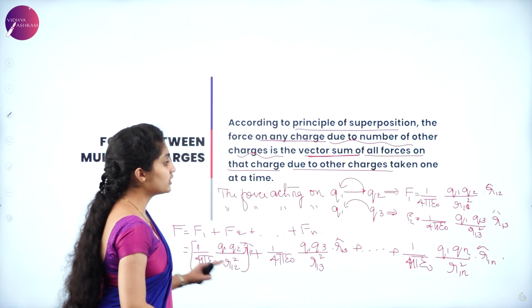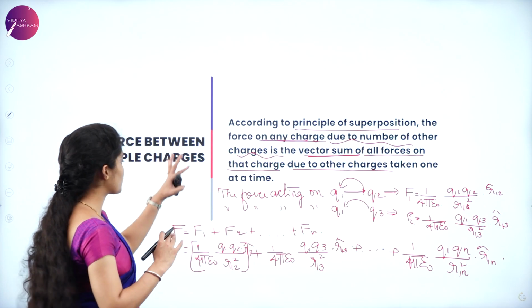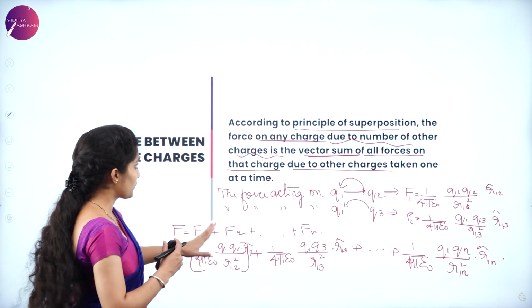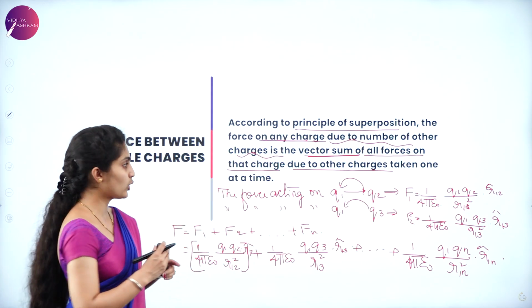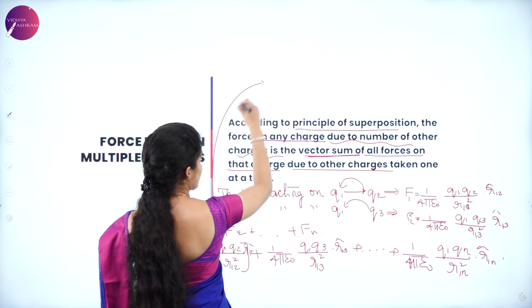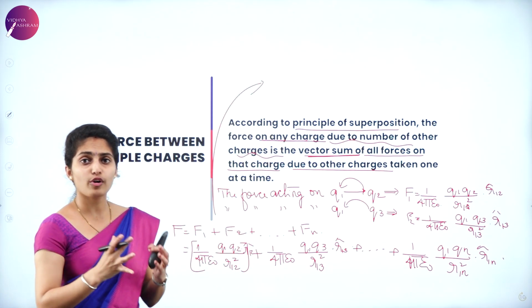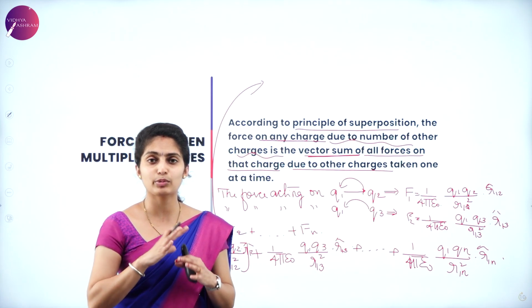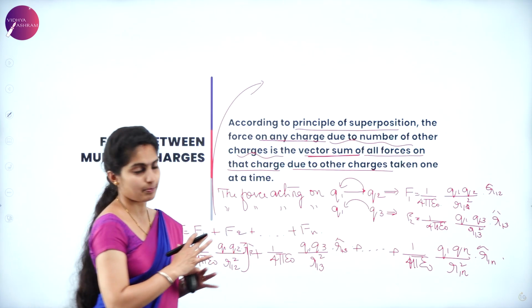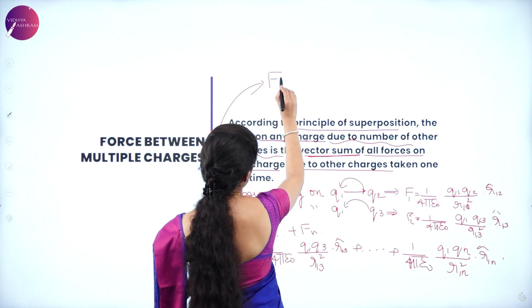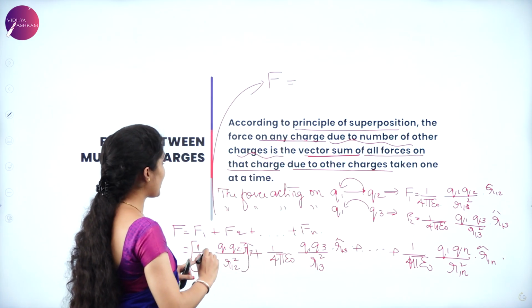So this is the continued form of the force between multiple charges. This can be given in one equation, and I'll write this equation above here. The total force acting between multiple charges can be summed up and given in a single equation, that is capital letter F, force.